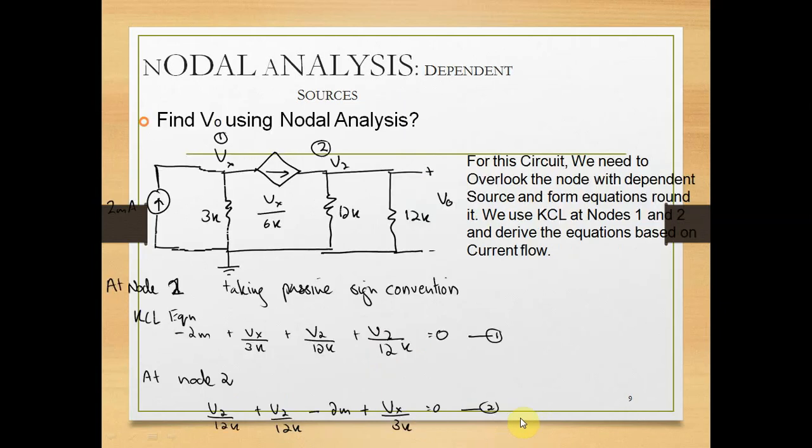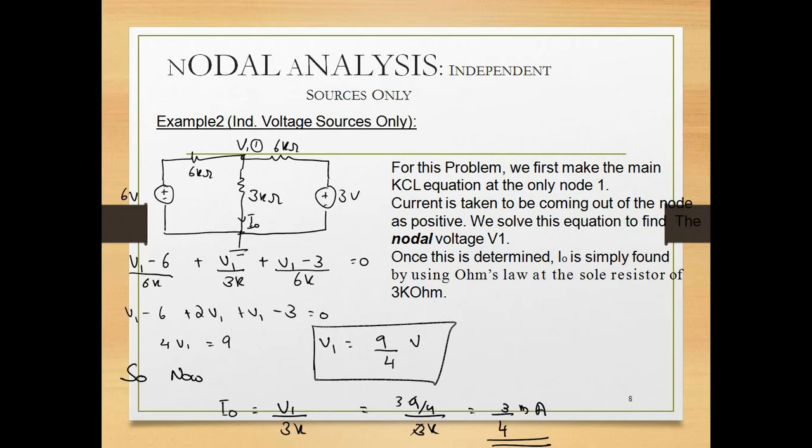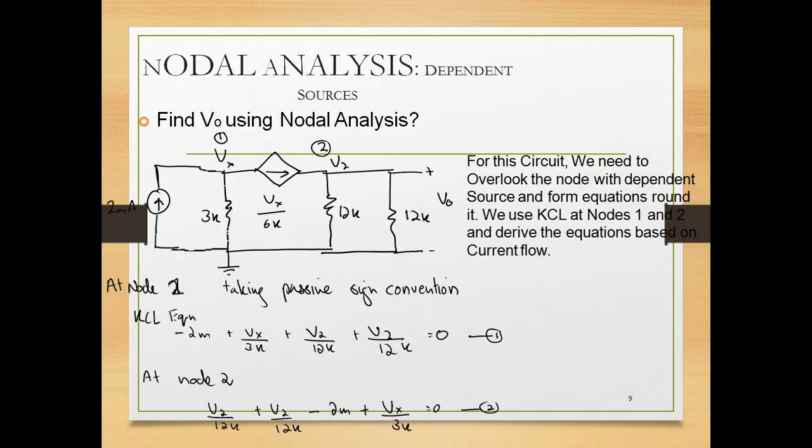So for this example we found the value of V1. Then for this circuit, find V0 using nodal analysis. For this circuit we need to look at the node with the dependent source and form the equation around it. We use KCL at node 1 and node 2 to derive the equations based on current flow.